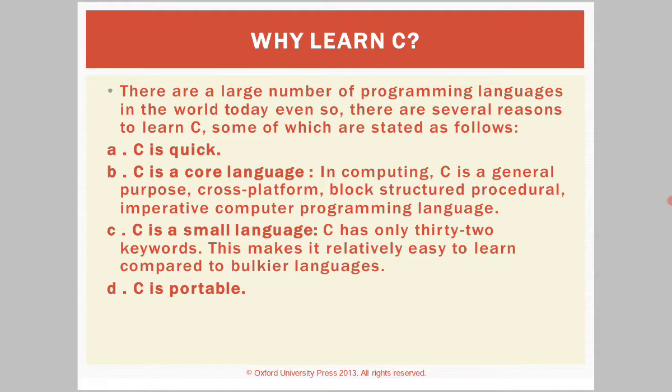So why do we require C? Why do we learn C? There are a large number of programming languages in the world today. Even so, there are several reasons to learn C. C is quick, which means C programs run in a very quick and fast way. C is a core language: in computing, C is a general purpose, cross-platform, block structured, procedural, imperative programming language.